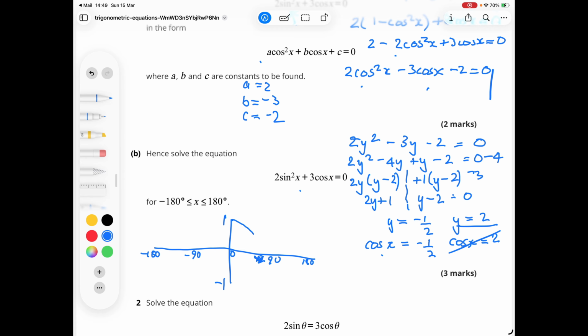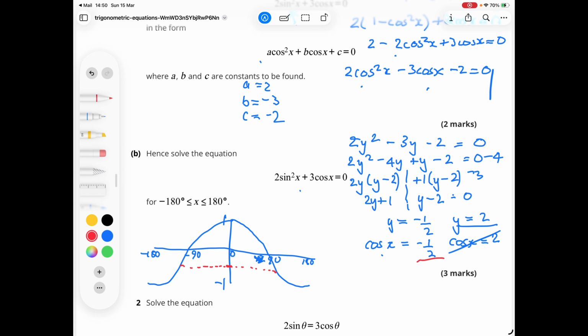So we know that is what cos looks like. And we are now going to go to minus a half. So minus a half is there, and it will go to there, and it will go to there.